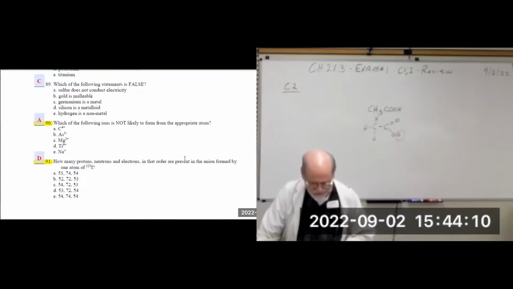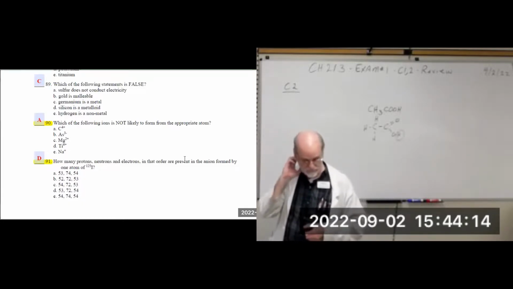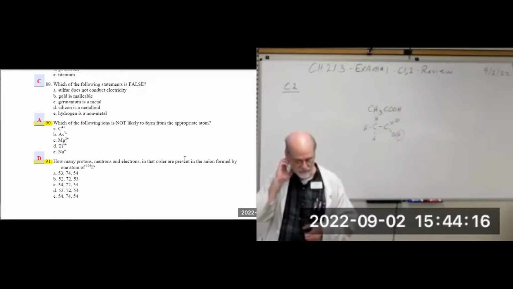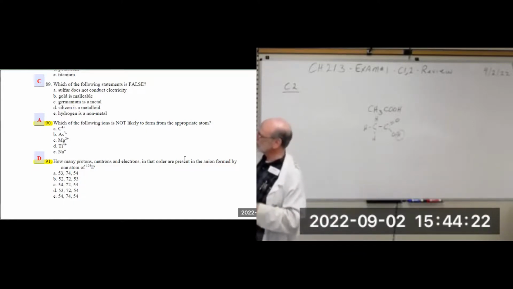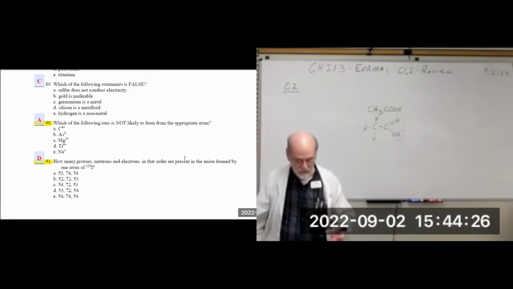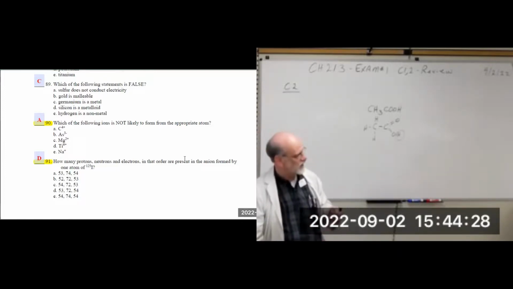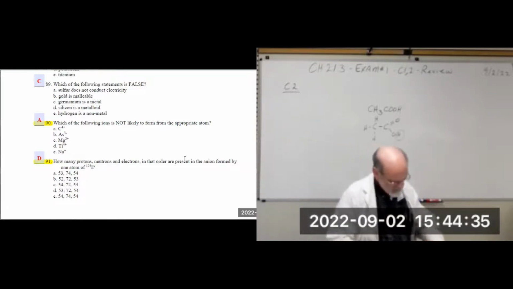Which one of these is not likely to form from the appropriate atom? Well, start from the bottom. Sodium is an alkali metal, so yeah, it's a +1. Titanium, 4+. Right? Titanium is a transition metal. And let me see.